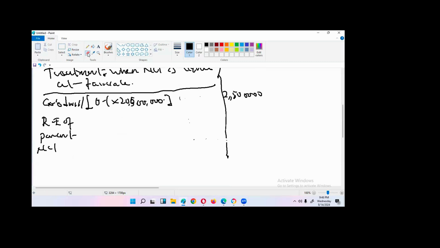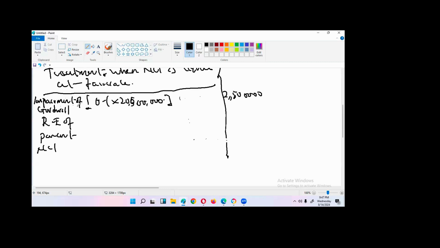What is the total goodwill? 20,500,000. The question says impairment is 10%. So the impairment that will be shared between parent and NCI will now be 0.1 of goodwill. Let's put it this way.